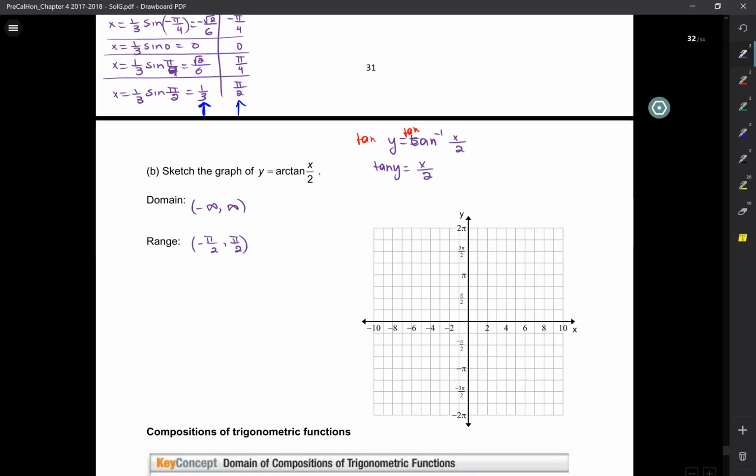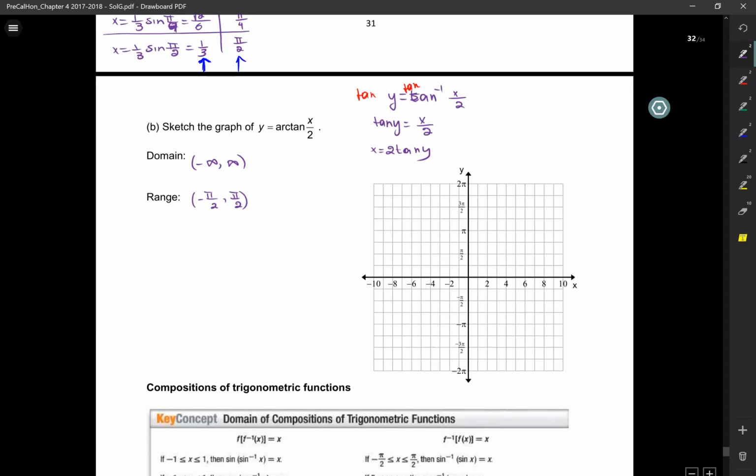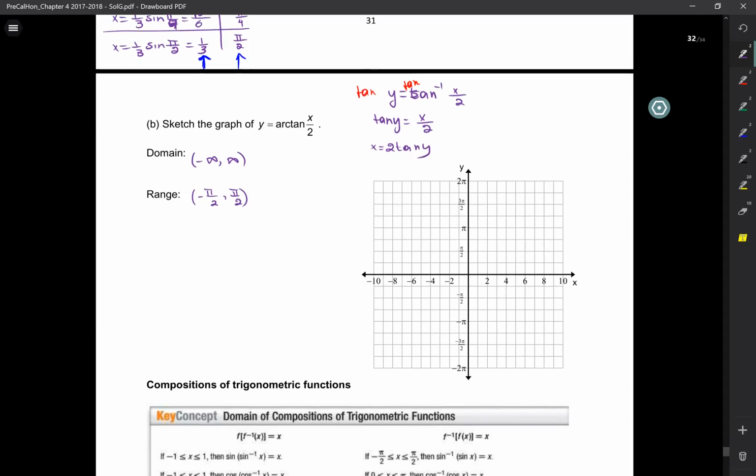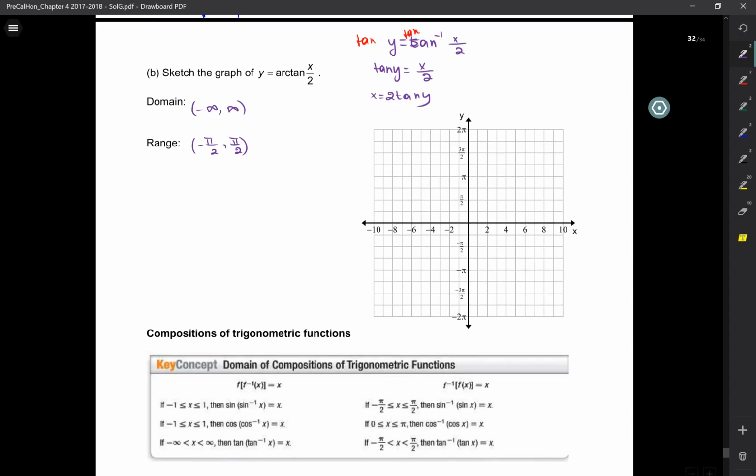So what's x equal to? 2 tangent of y. All right? Now, let's pick some points here. So again, x is 2 tangent y. And y is going to go from negative pi over 2 to pi over 2 again.